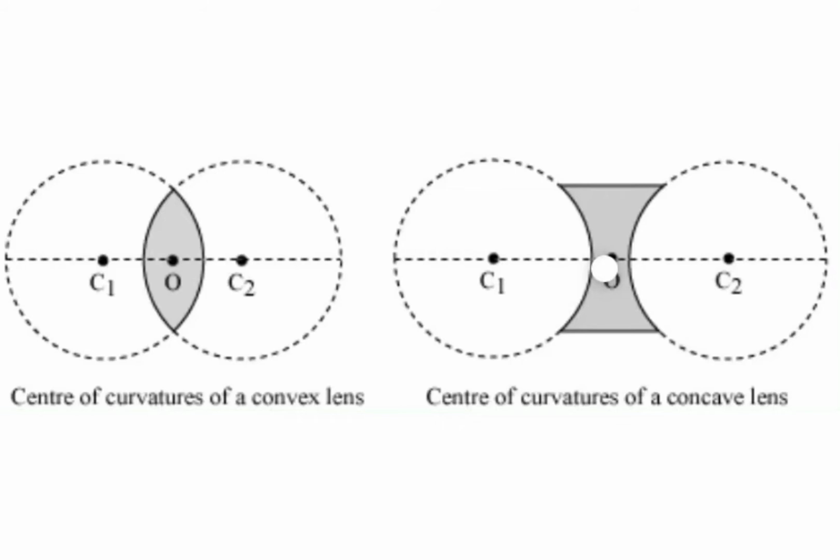In most cases, C1 and C2 will be the same if they are made up of spheres having the same radius, so the radii of curvature R1 and R2 will also be the same. But if they are made up of spheres having different radii, then their C1 and C2 will be different and R1 and R2 will also be different. Here we will consider that the lenses are made up of spheres of the same radius.